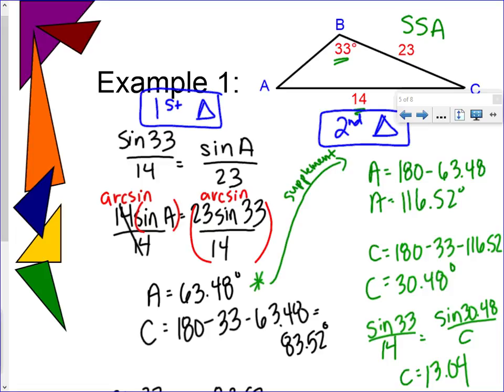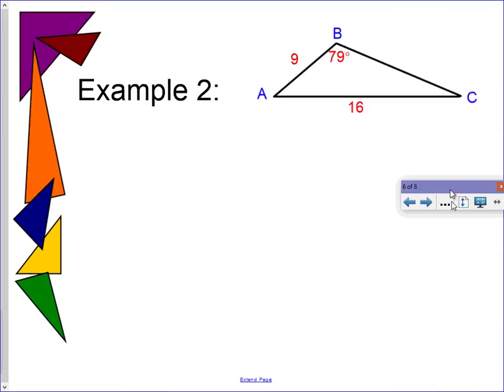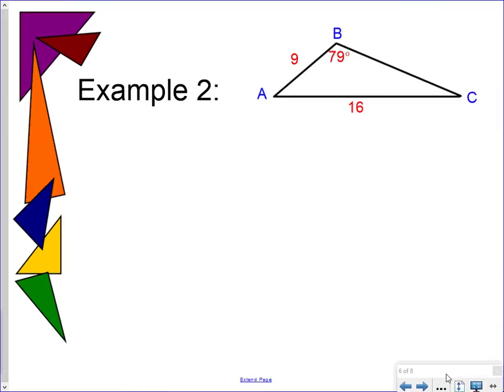So I think this is a great way to leave this slide and just say, if you recognize side-side angle, you will assume that there are two triangles. Just always assume that there are two triangles, do the work for two triangles, and now we're going to look at an example where there are not two triangles. I'm ruining the answer, but you'll get to see why that works.